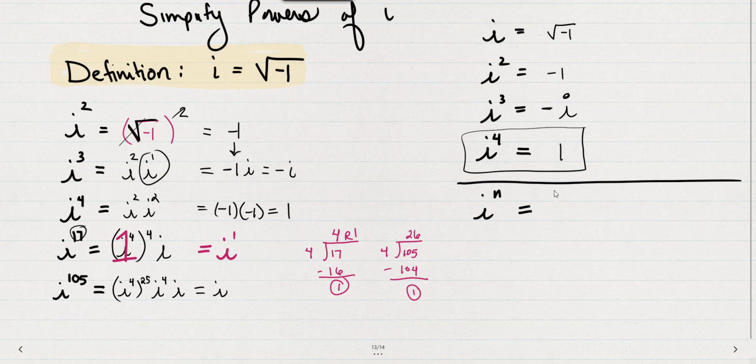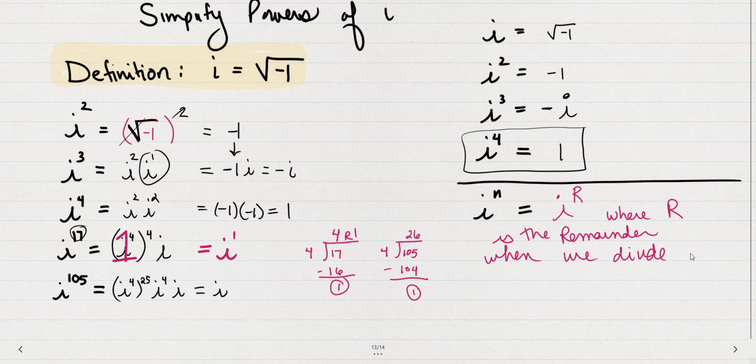So you know what we could think of as a practice that would work every time for powers of i: i to the nth power is going to be i to the R, where R, in other words, the power that we get when we simplify, is going to be the remainder when we divide n by 4.